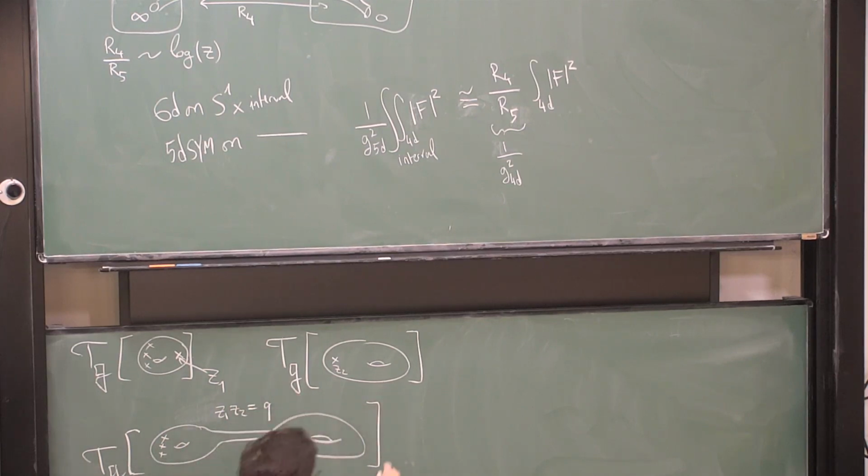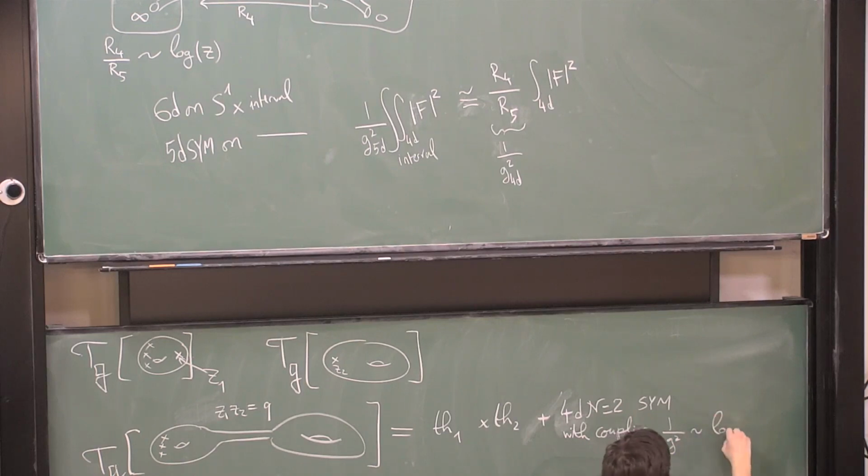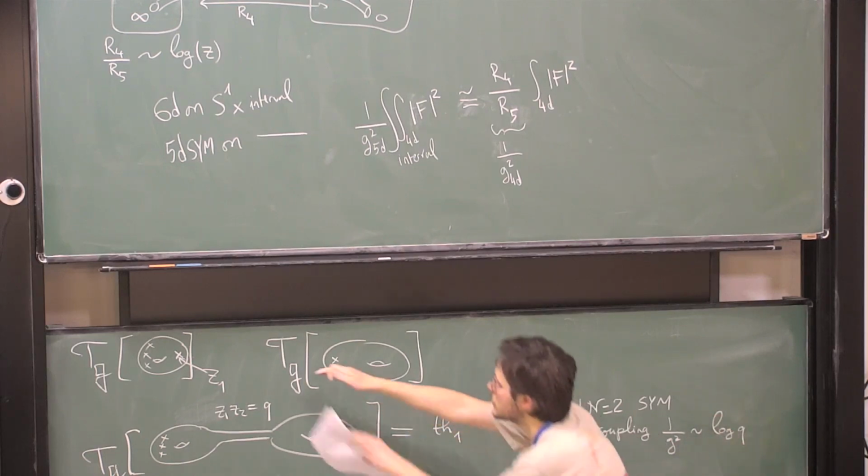Well, this is going to be the two theories plus some gauge fields, some 4D N=2 super Yang-Mills, so a vector multiplet with coupling 1 over g squared given by log of q, which is the gluing parameter here.